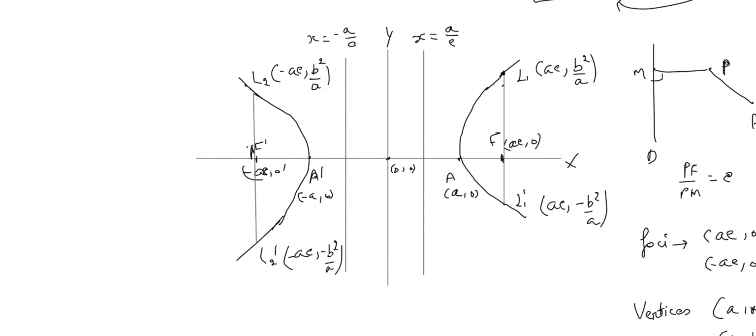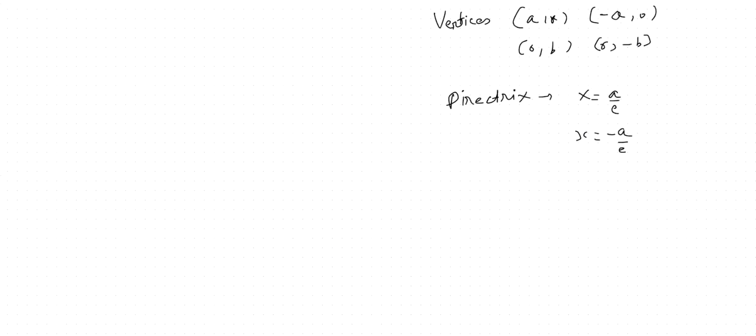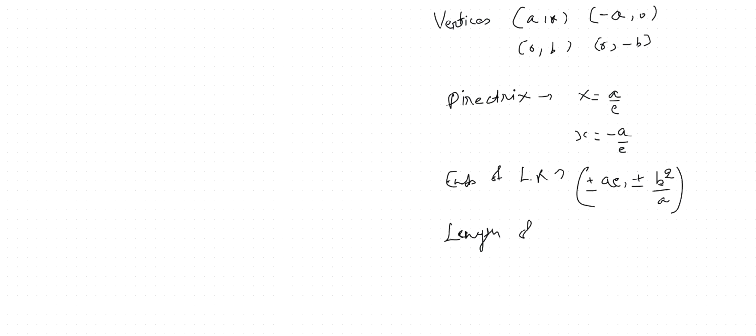So we can write it as: ends of latus rectum are plus minus ae comma plus minus b square by a, and length of latus rectum is 2 times b square by a.